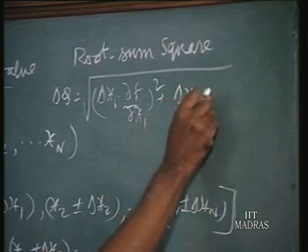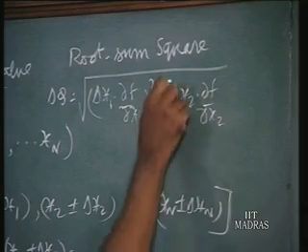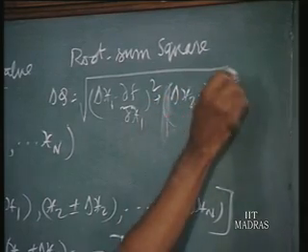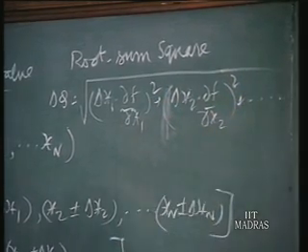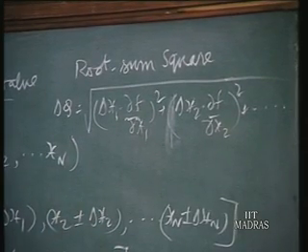Plus delta x2 into dou f by dou x2, whole squared, and so on up to the n-th term. So this is the realistic limit.